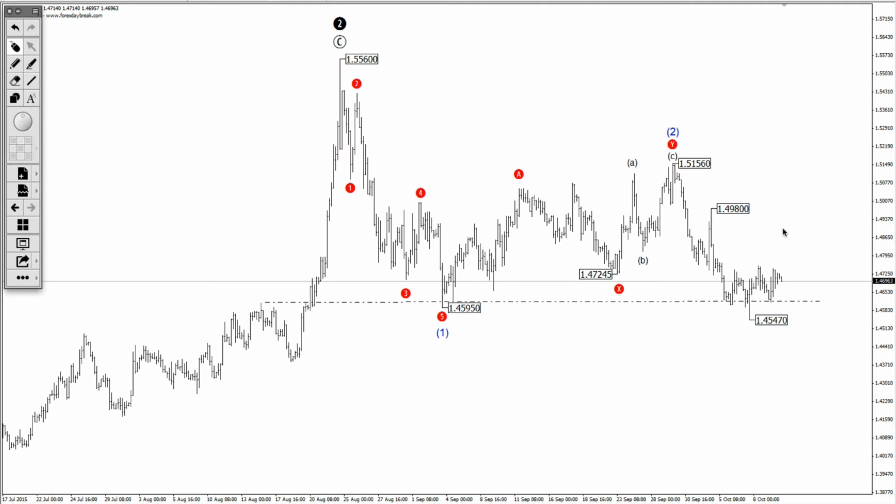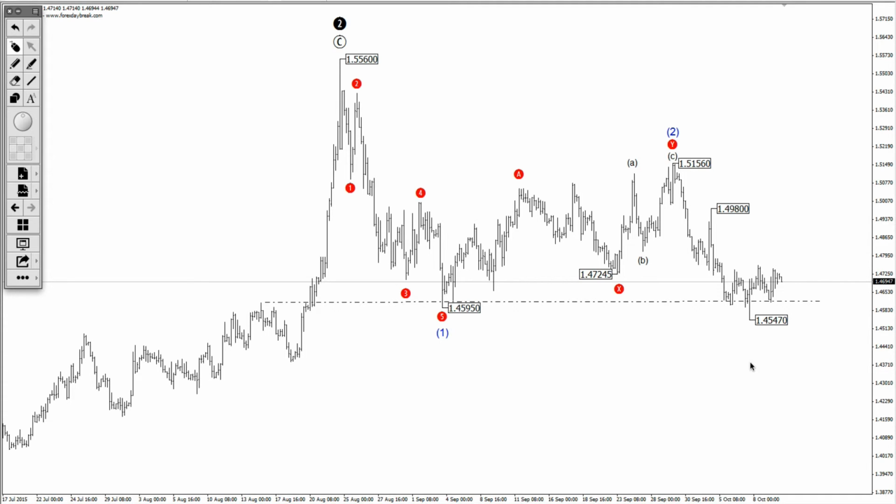In my opinion, the next impulsive wave down has started, and previously both currencies, Euro and Canadian dollar, were very weak. Now both currencies are strong, so there are two opposing strong currencies, so this makes the price action sideways for a while, and there's more strength expected in both currencies.